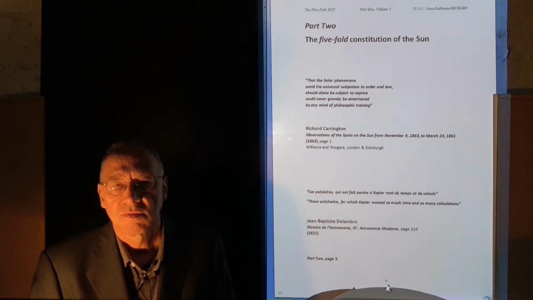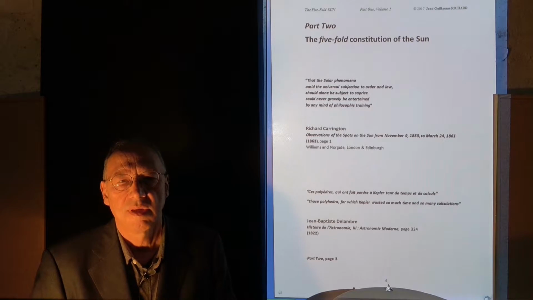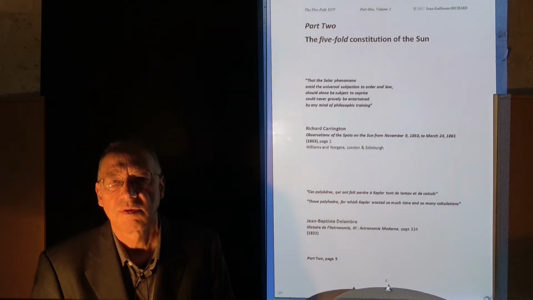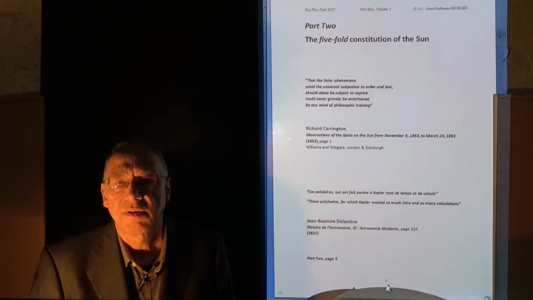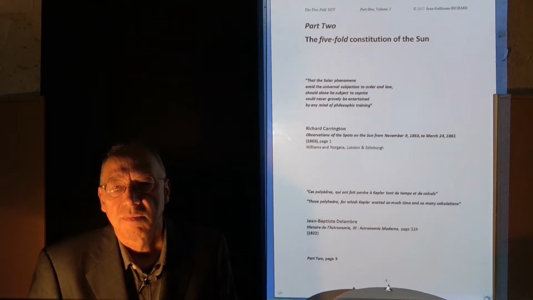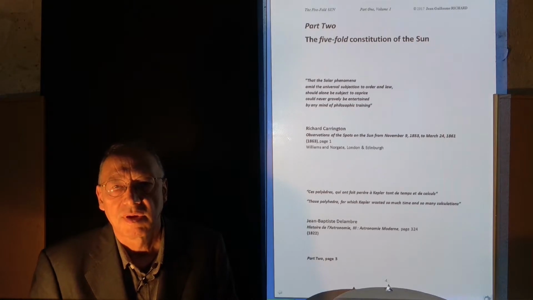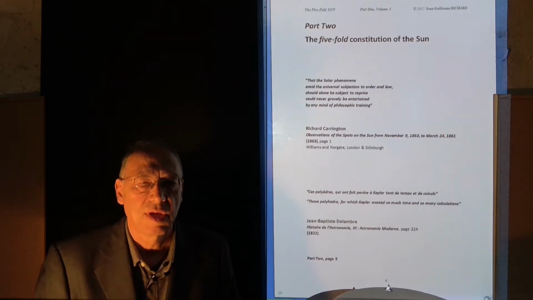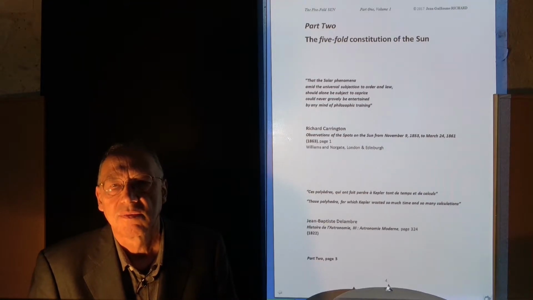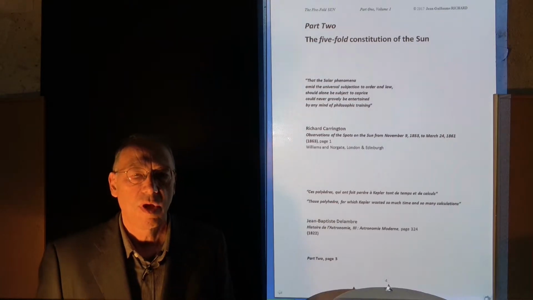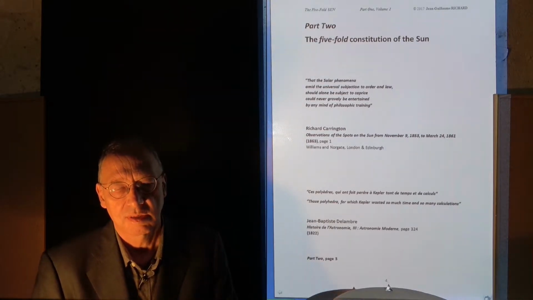Richard Carrington, who first described the time evolution and latitudinal evolution of sunspots at the solar surface, wrote that if the solar phenomena alone would be subject to caprice, this would be a big problem for any mind of philosophical training amid the, what he meant, universal subjection to order and law. Why would the Sun be subject to caprice?